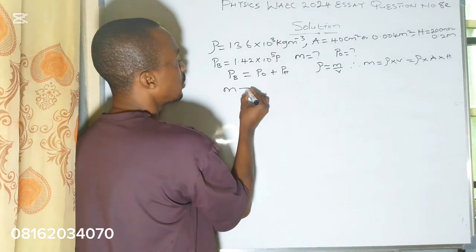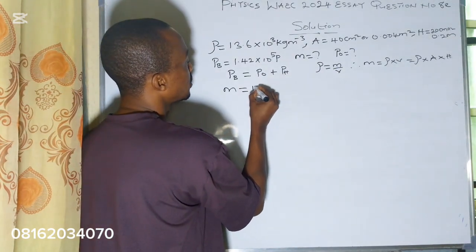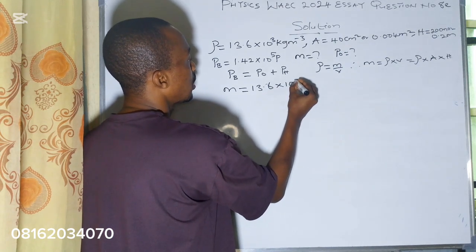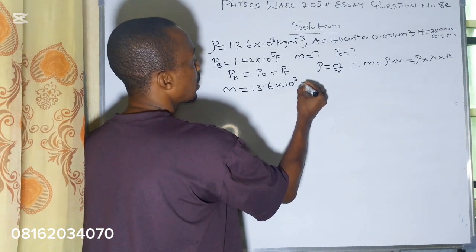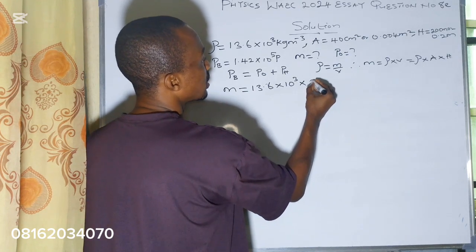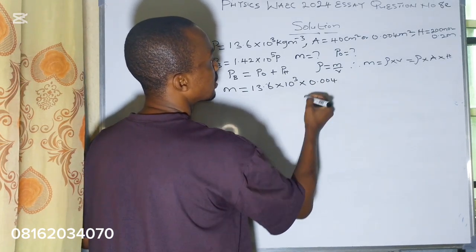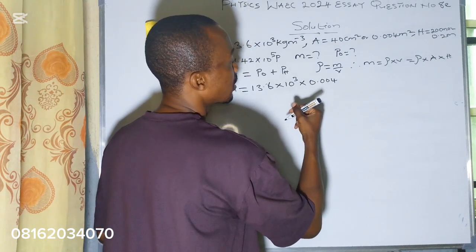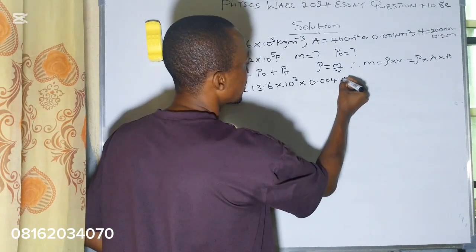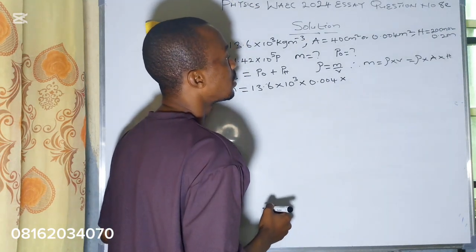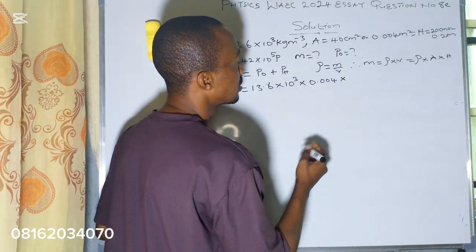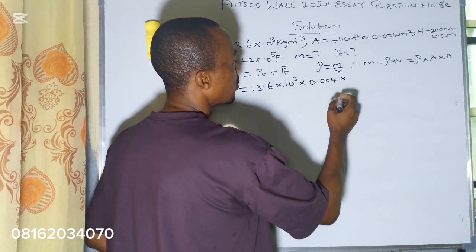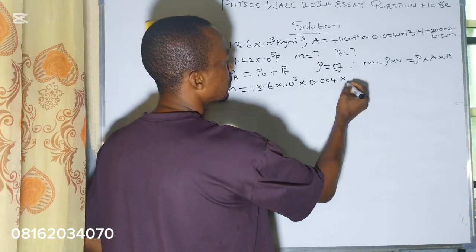So the mass here will be equal to the density of mercury, 13.6 times 10 to the power of 3, times the area, which is about 0.004. I converted from cm square to meter square by dividing by 100 times 100, which gives 10,000.